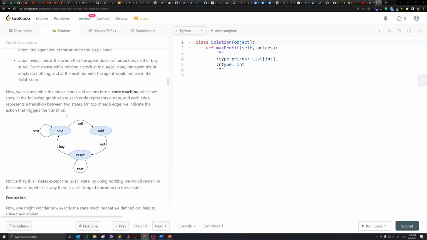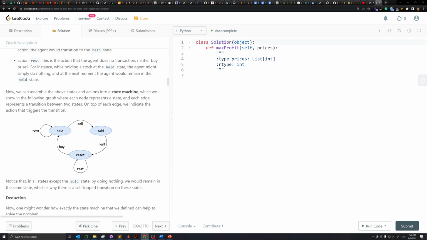So this is a state machine. First, you start from the initial reset state, and then if you buy, you get into held, and if you sell, you get into sold.